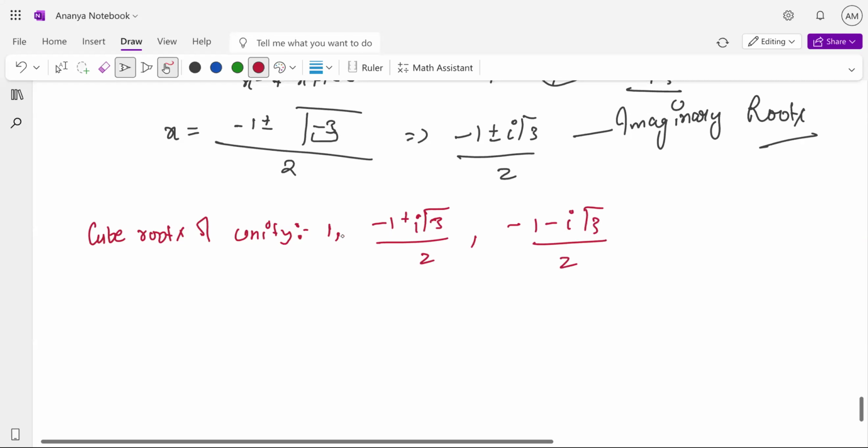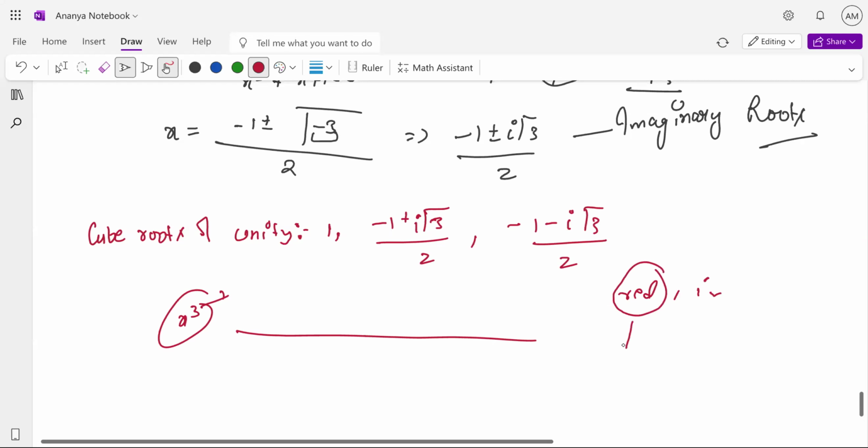So if you see, whatever the highest power is, that many roots will be available. Now if I ask you how many will be real and how many will be imaginary, it is a very simple idea. Whatever number of real roots you can figure out, those will be real, and n minus the real roots will give you the imaginary ones. Is that clear? Yes, sir.